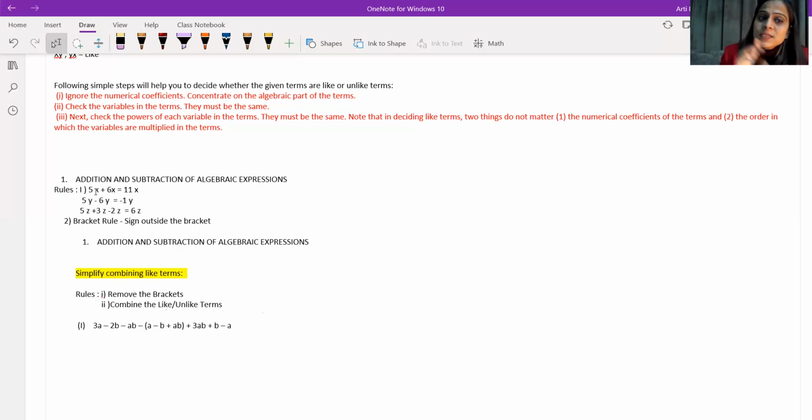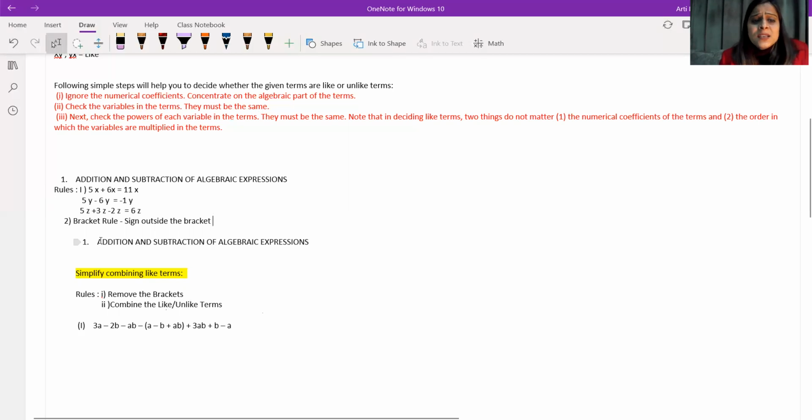Plus will become minus, minus will become plus. The sign of all the terms will get reversed. So we'll do a sum to get a better understanding of this. Only these two things we need to follow in order to perform addition or subtraction on algebraic expressions.